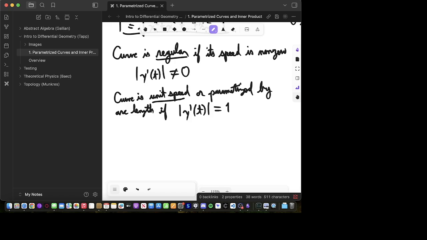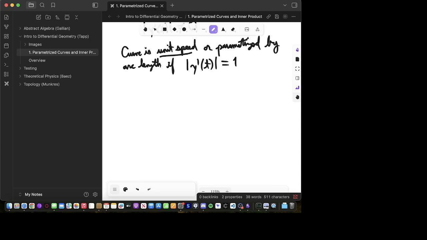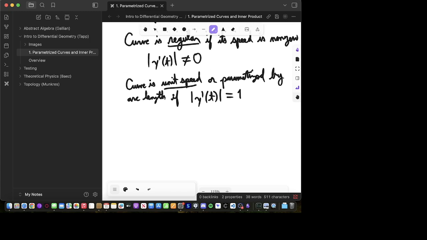And you might be thinking, is every curve regular? And the answer is no. Because if we take a look at the curve gamma of t equals t squared, on the surface it looks like this.